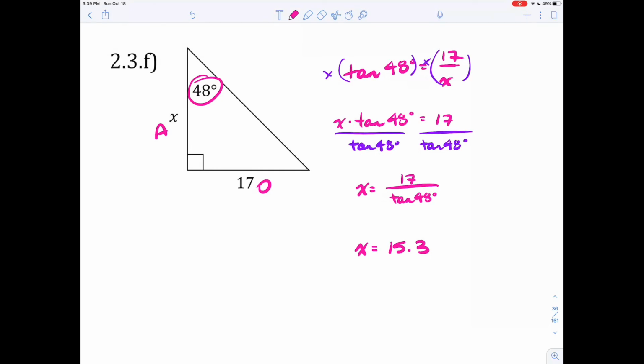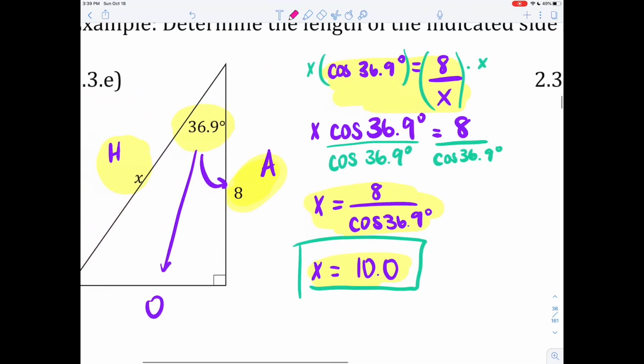This one is done. Now it is worth always checking if your answers do make sense. Like in this case, we got 15.3, which is smaller than that 17. Does that make sense that this side is smaller than that one? I'm going to say yes. Why? We'll probably talk about it in a future unit.